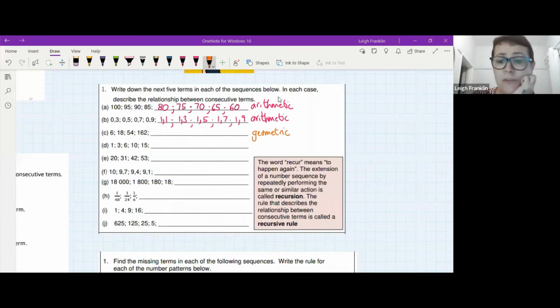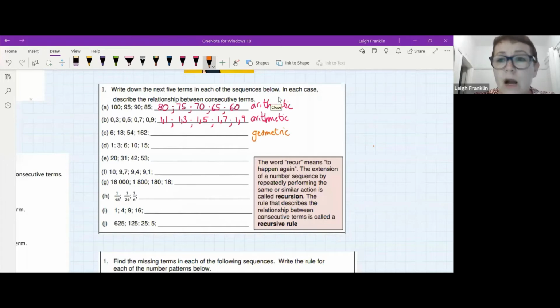I think that you were right, and I think that what you need to do is look at the 6 and the 18, and then look at the 18 and the 54. It has to be geometric because there isn't a constant difference. So the numbers are getting bigger, so we're probably multiplying.